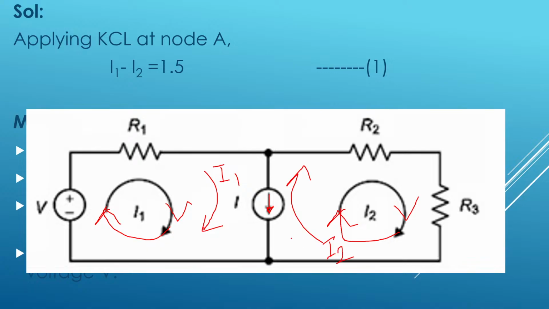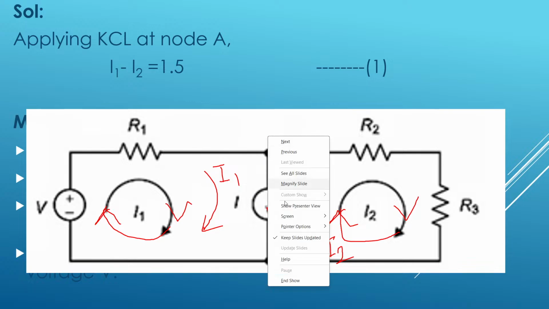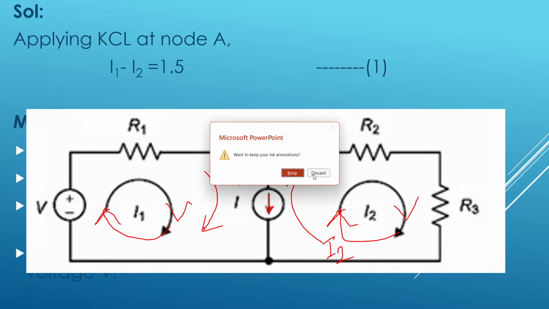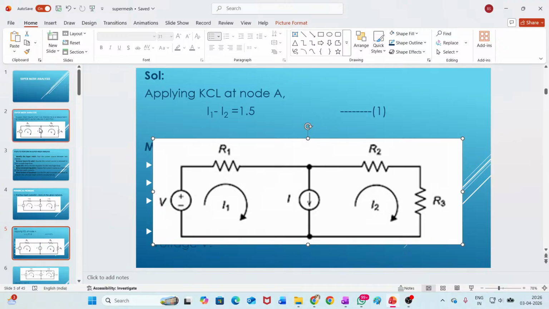So I can say I1 and I2 currents are opposite to each other. So the differential current will flow in the middle branch. Usually in mesh analysis, that's what we assume, that the differential current will flow in the middle branch, because both the currents are opposite to each other.